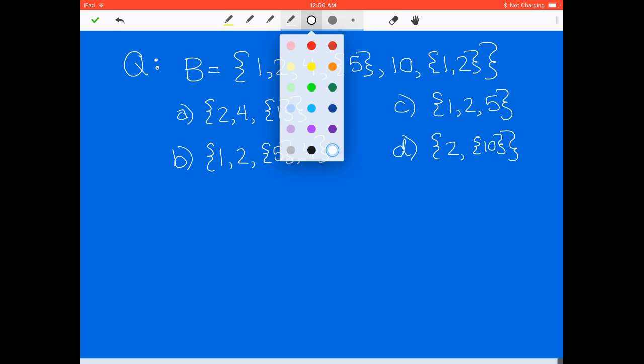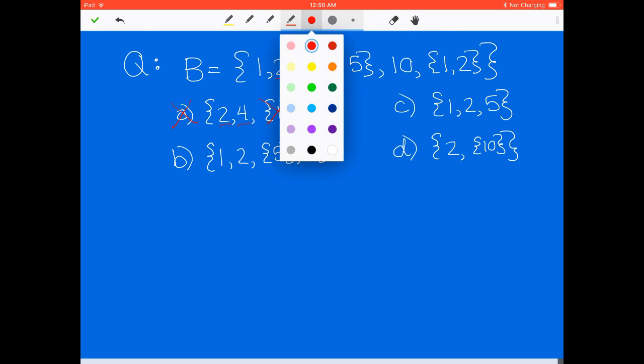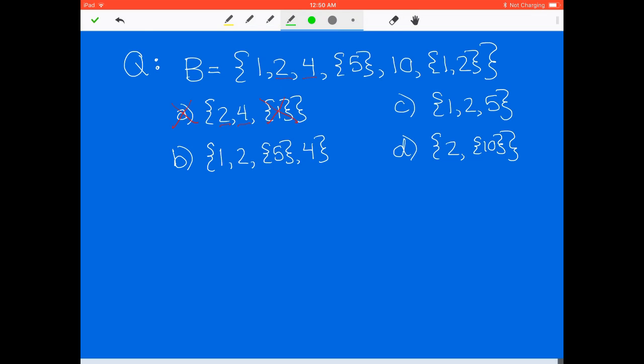So let's first look at A. We have 2 and 4. Do we have a set 1? We do not. So that one does not work. Let's look at B. We have 1, 2, the set 5, and we have 4. Is that correct? That is.